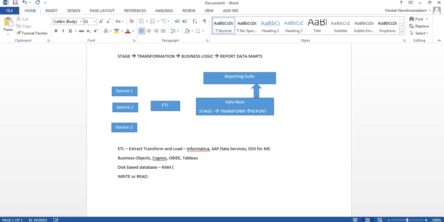When you are reading or writing or applying some logic for that, all those logical operations are going to happen in your RAM.